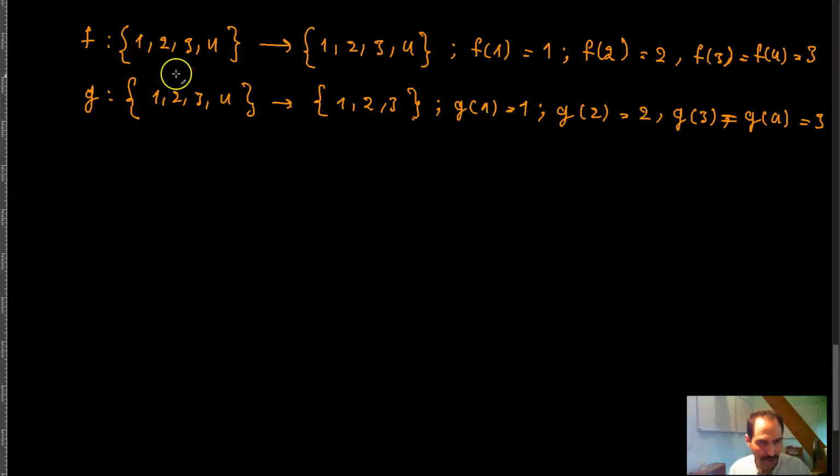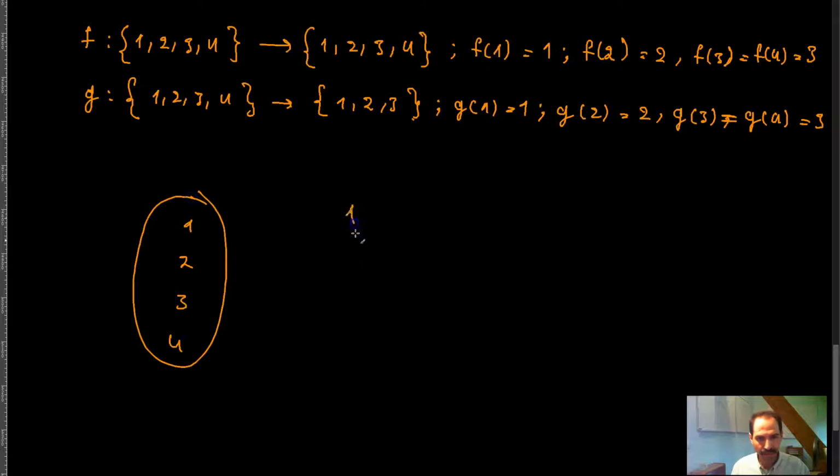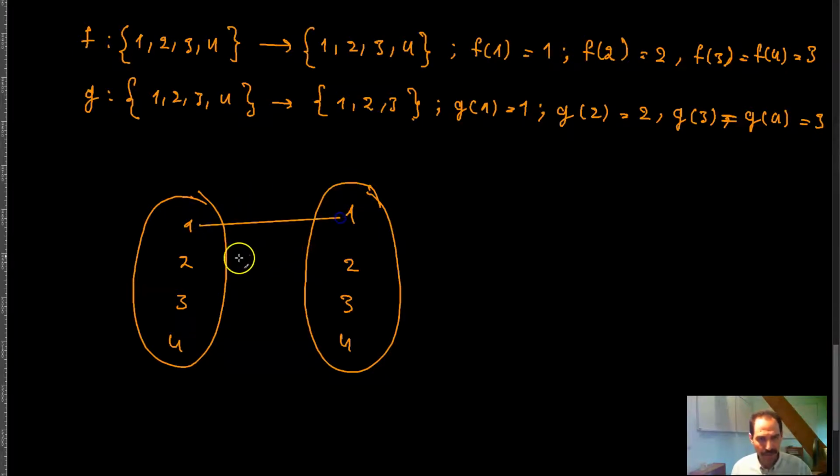So that means that you have F from this set to itself, 1, 2, 3, and 4, and then 1, 2, 3, and 4. You have F of 1 is equal to 1, F of 2 is equal to 2, and F of 3 is equal to F of 4 is equal to 3.